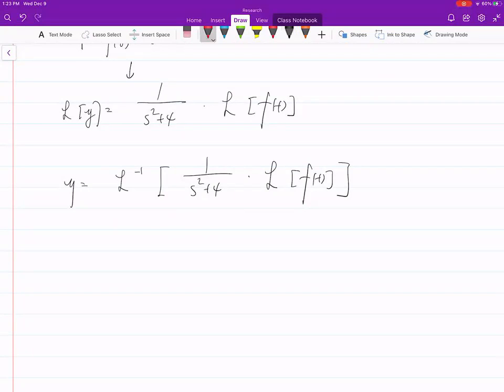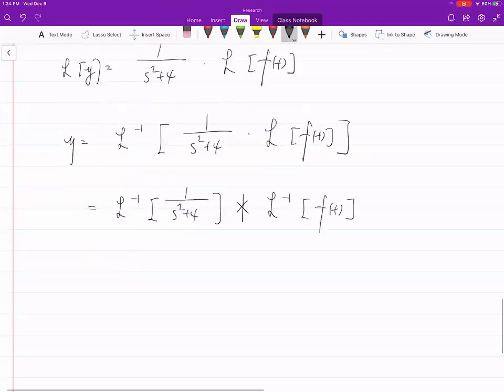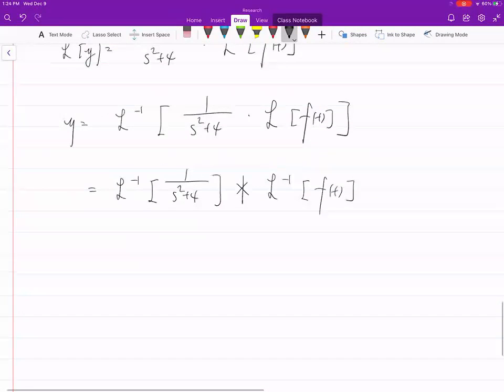Now you notice it's a multiplication. Then this one should equal, according to the formula we just did, the first inverse convoluted with the second. Now we know the first one.